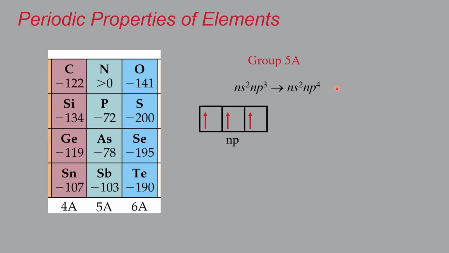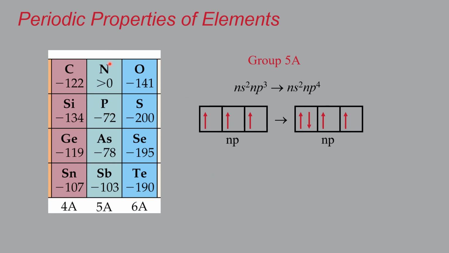Now, going from p3 to p4, what's going on there? Remember that fourth electron, specifically that fourth p-type electron, is the first one that is paired. It requires a little bit of extra energy to flip the spin of an electron and put it in a region of space where there already is an electron, which is essentially what you're doing here.